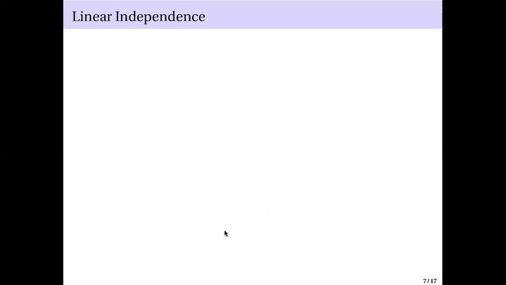Okay, but let us have a more consistent, or let us say a more useful way of determining whether a set is linearly dependent or linearly independent.